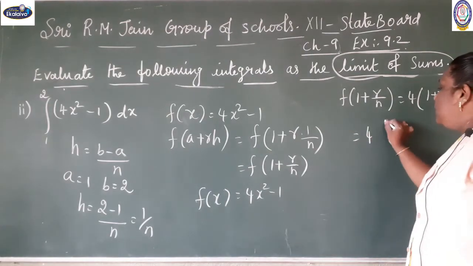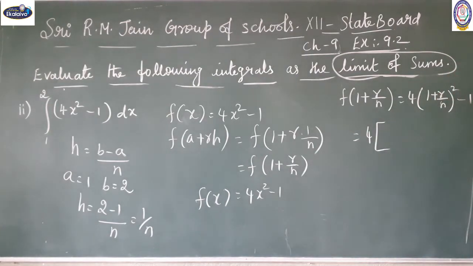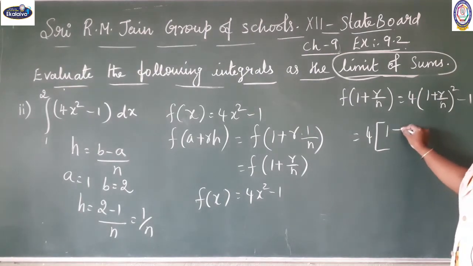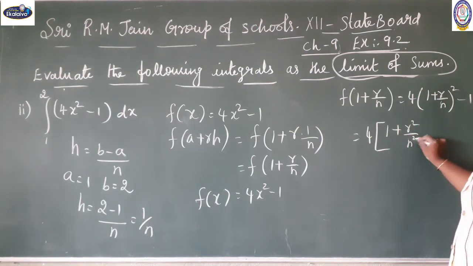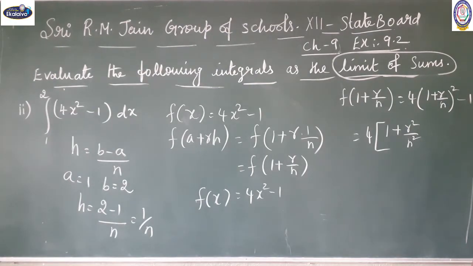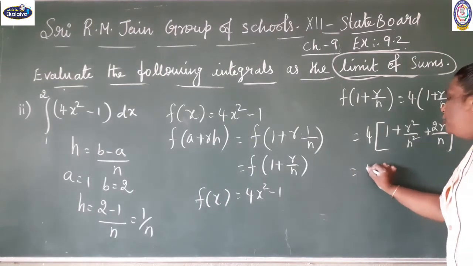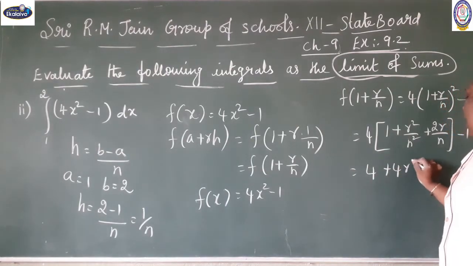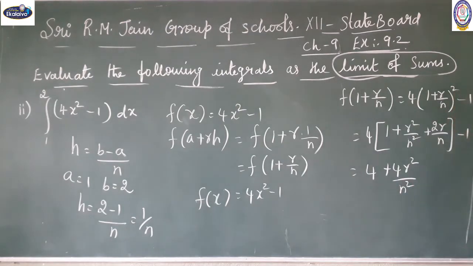So 4 into a plus b the whole square. What is the a plus b the whole square formula? a square plus b square plus 2ab: 1 plus r square by n square plus 2r by n, minus 1. You bring 4 inside. It gives 4 plus 4 r square by n square plus 8 r by n minus 1. 4 minus 1 is 3.